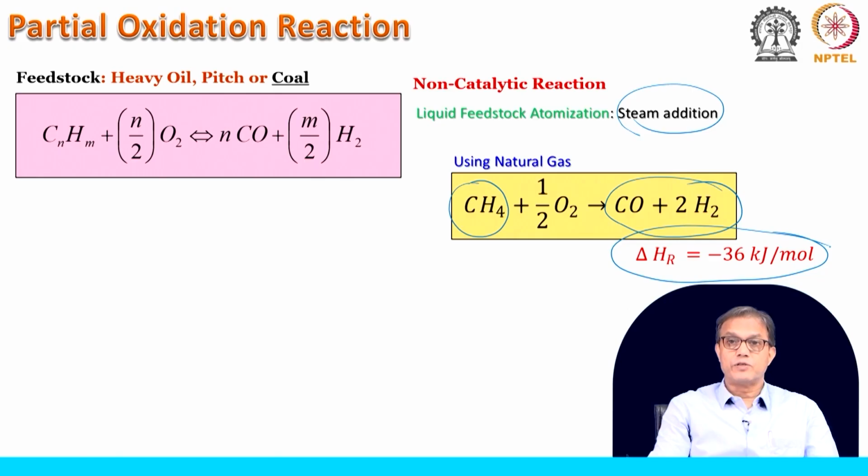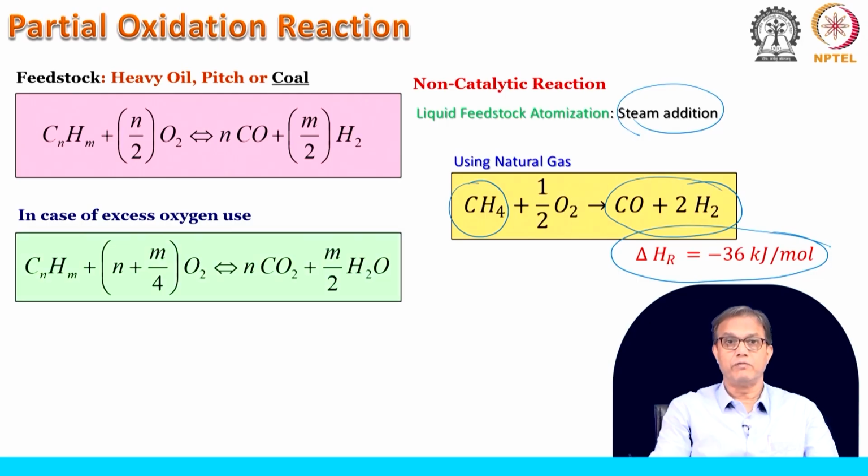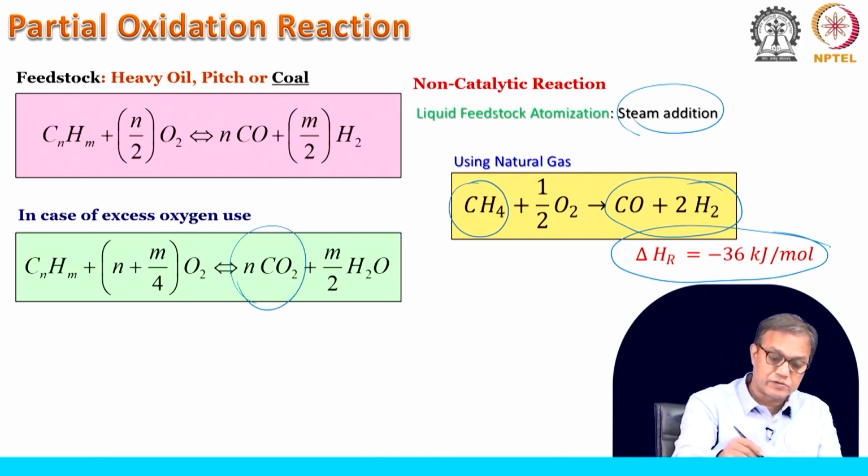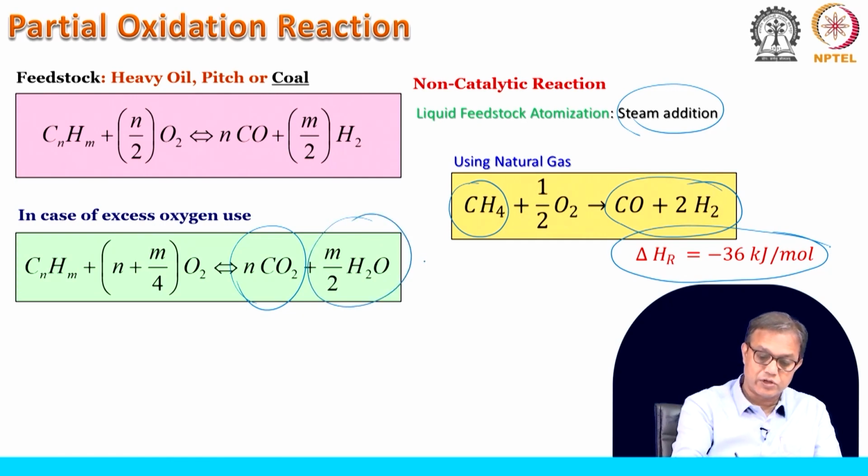But what happens if oxygen is used in excess? If oxygen is in excess and we are burning the coal or the heavy oil, we will find it is generating CO2 and H2O, but there is no H2.